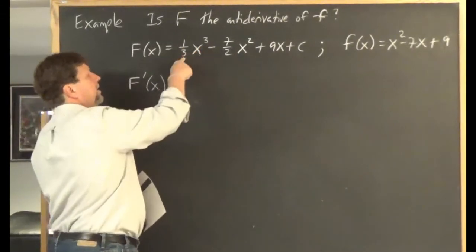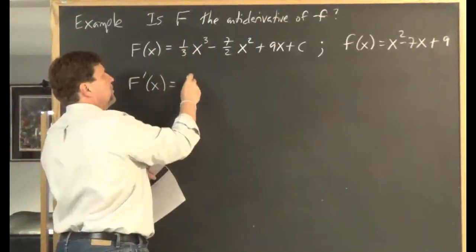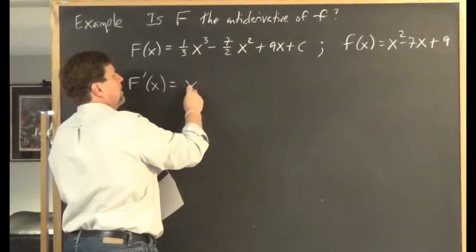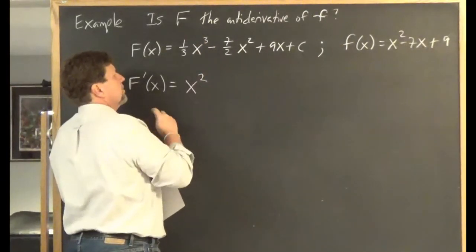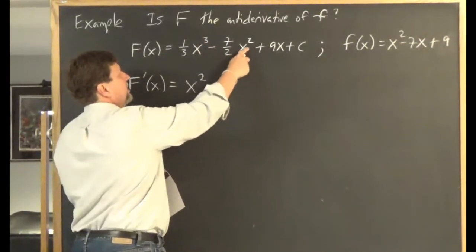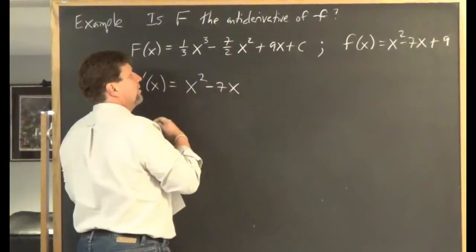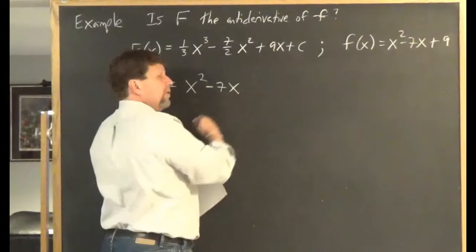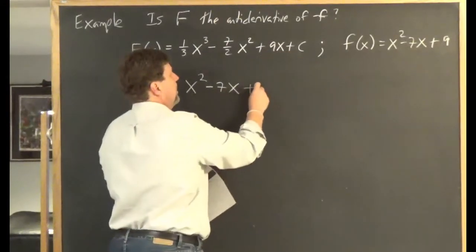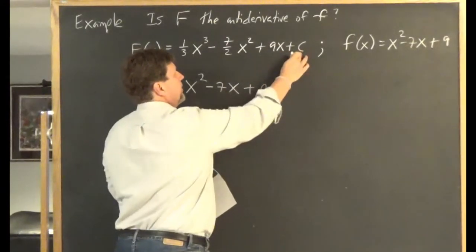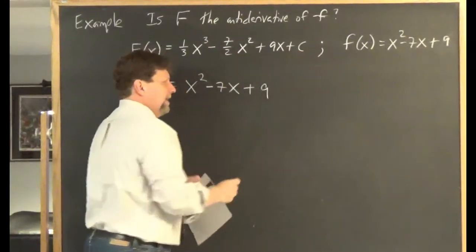And if we differentiate big F of x, well, the 3 comes out front. 1/3 times 3 is 1. Subtract 1 from the exponent. So that gives us x squared. When we differentiate this term, 2 comes out front. Subtract 1 from the exponent. When we differentiate 9x, we get 9. And we know the derivative of a constant is 0.